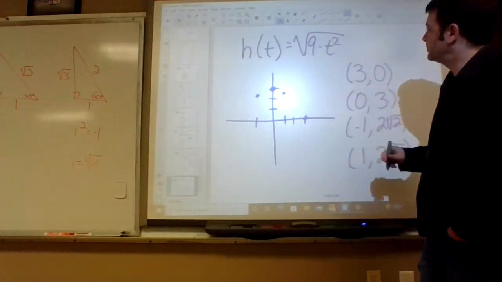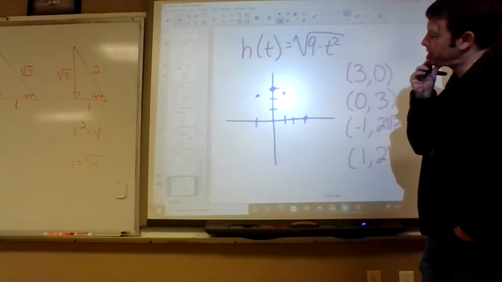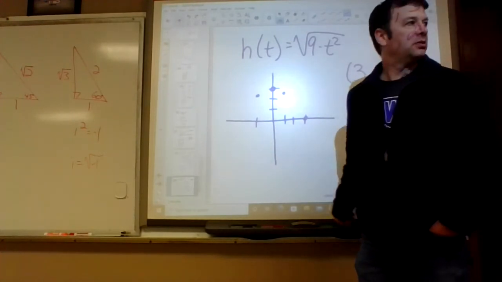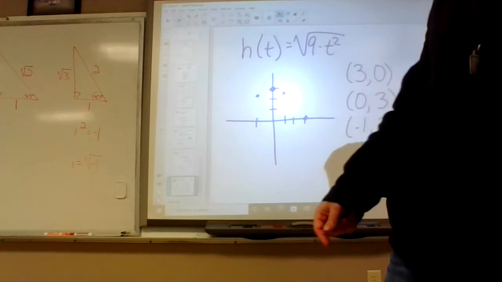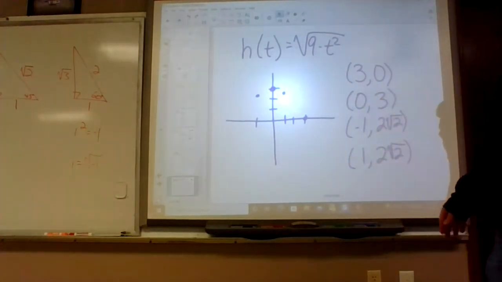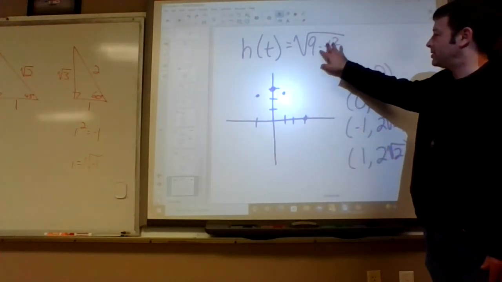What if I plug in negative 2? I don't think the book has the answer, unfortunately. Oh, I think I know it. There's actually a limit on the small one too.